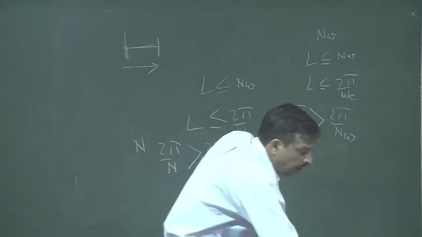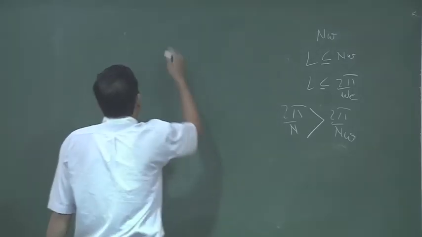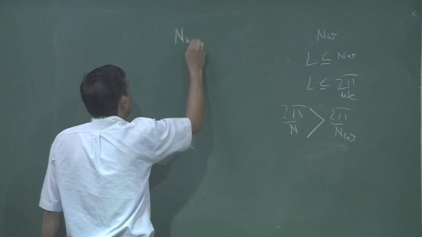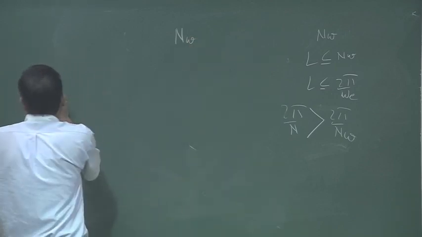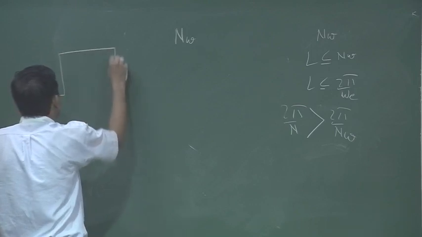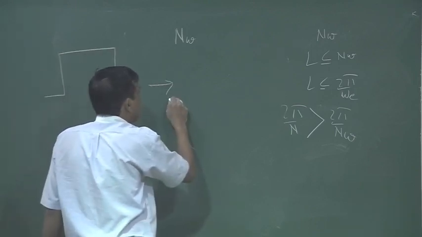Suppose we take the example of a rectangular window, with length Nw. If it is a rectangular window, then what is the frequency domain representation? It is nothing but a sinc function.